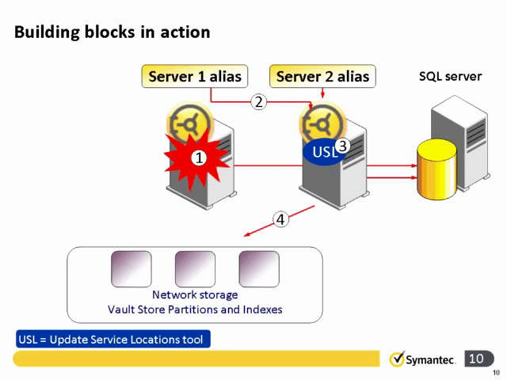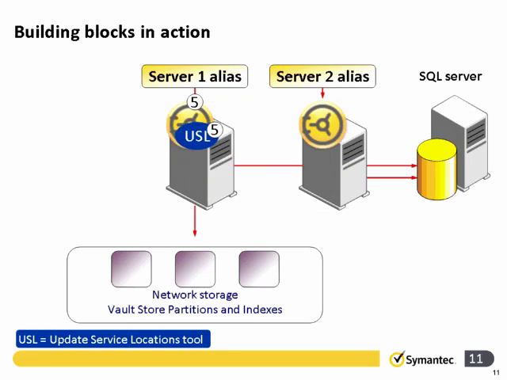Now again, you can see that there were two manual actions here, updating the DNS as well as running the update service locations tool. But it is giving you the capability of failing over. The disadvantage, though, of using the active failover model is that now server 2 is doing twice the work.